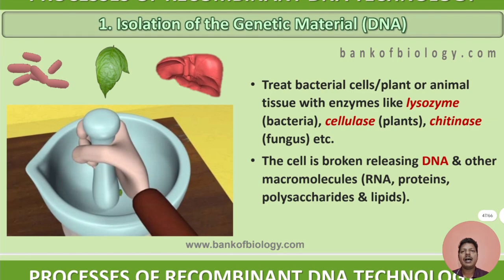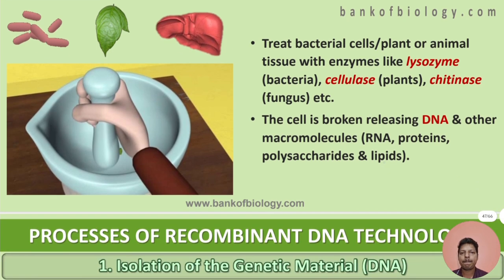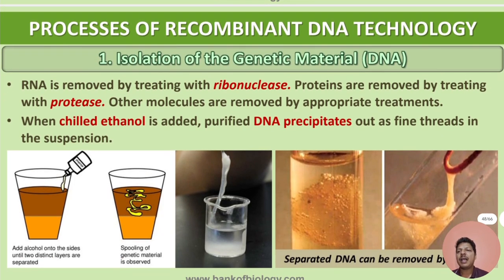First of all, isolation of genetic material or DNA. Treat bacterial cell or plant or animal tissue with enzymes like lysozyme, cellulase and chitinase, etc. The cell is broken, releasing DNA and other macromolecules, that is RNA, proteins, polysaccharides and lipids. Then RNA is removed by treating with ribonuclease, proteins are removed by treating with protease, and other molecules are removed by appropriate treatments.